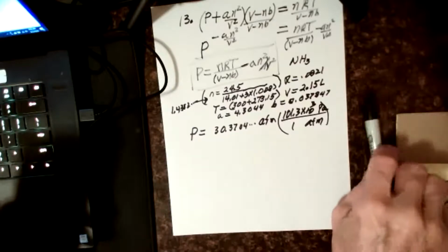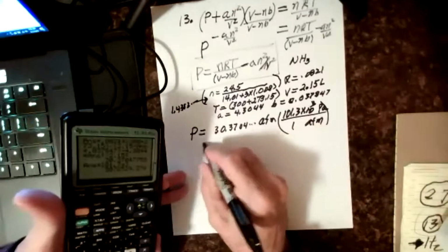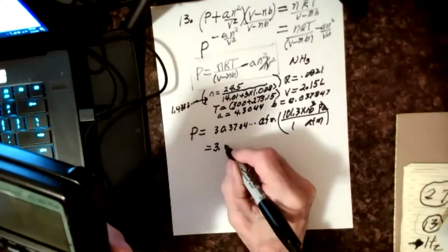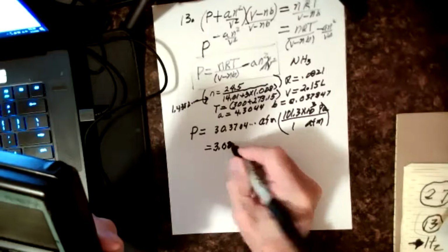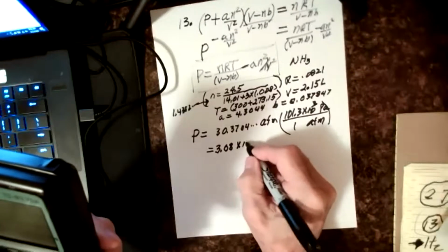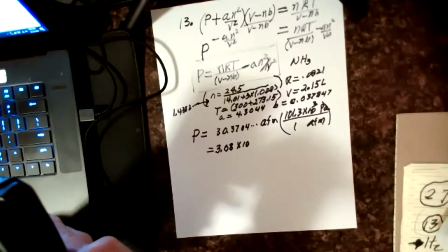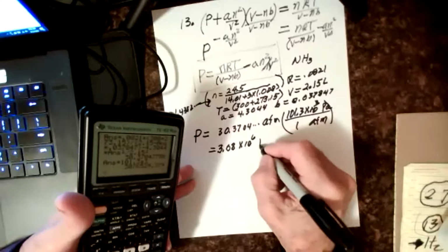And I should get 3.08 times 10, and let's see, I'm going to have to count 1, 2, 3, 4, 5, 10 to the 6 pascals.